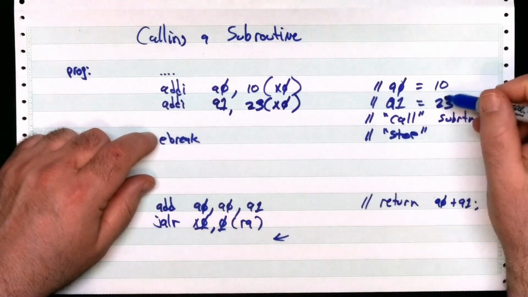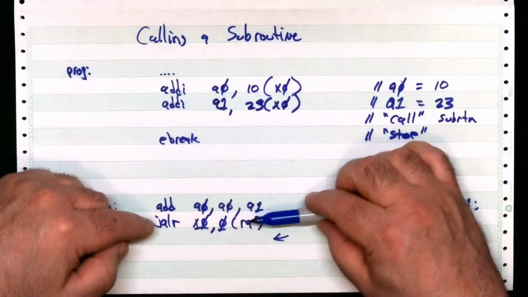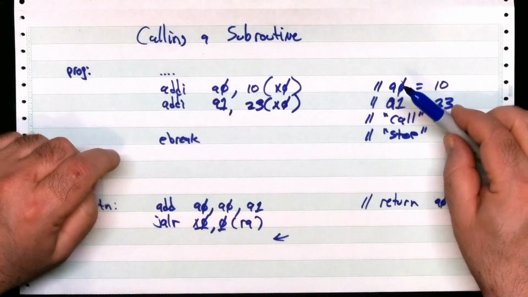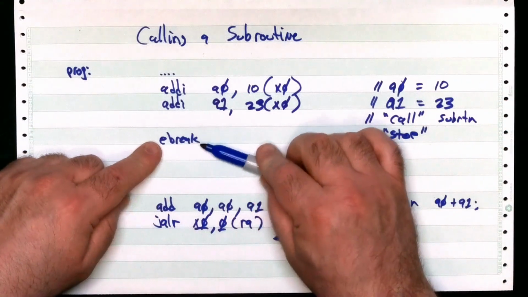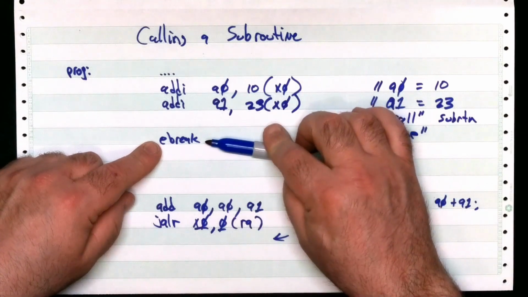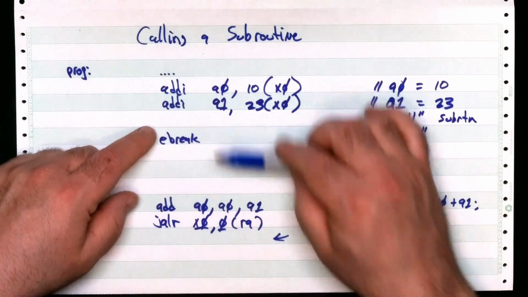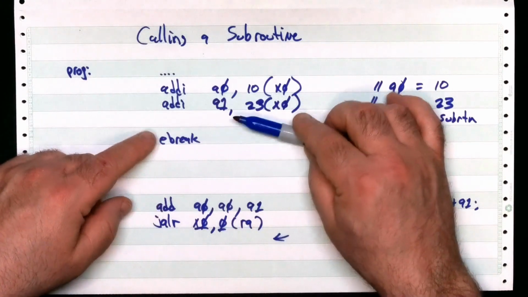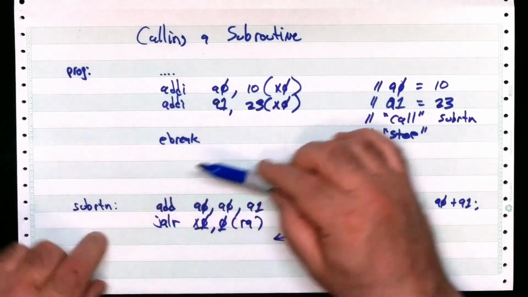All right. Now, how do you get down here to this subroutine? Well, we need RA to equal the address of this instruction here so we can get back to where we need to go after the subroutine is done. And we need to also load the program counter with the address of this label down here.